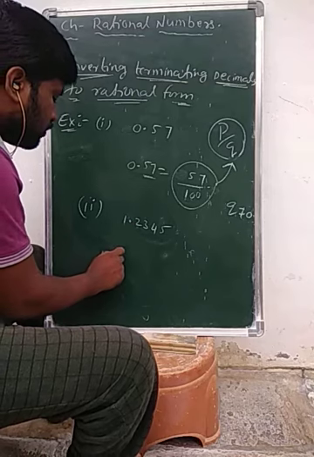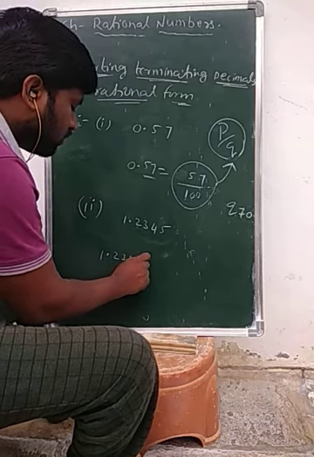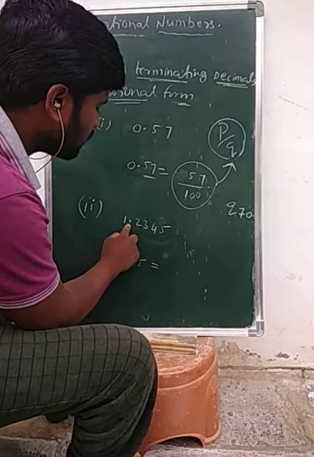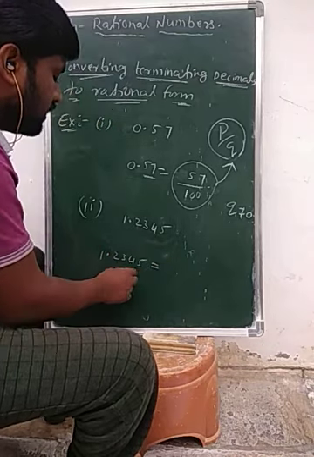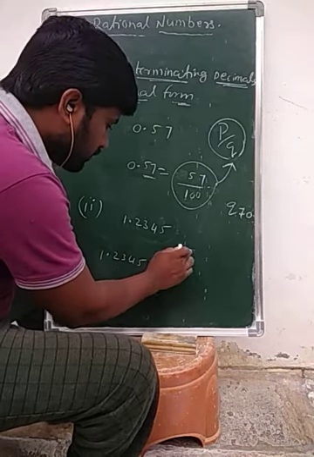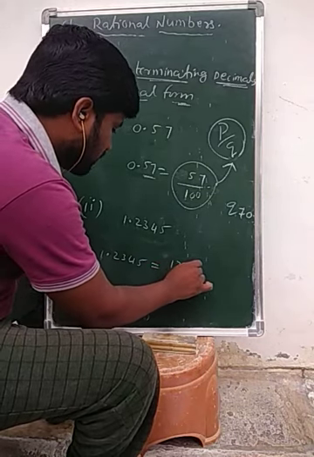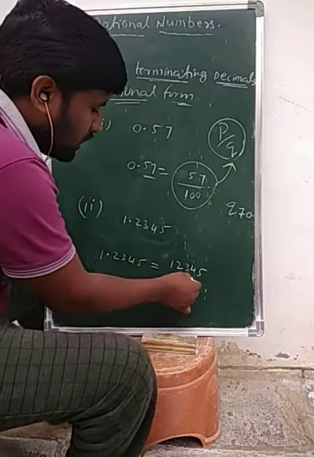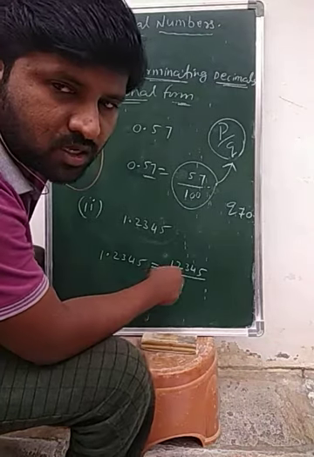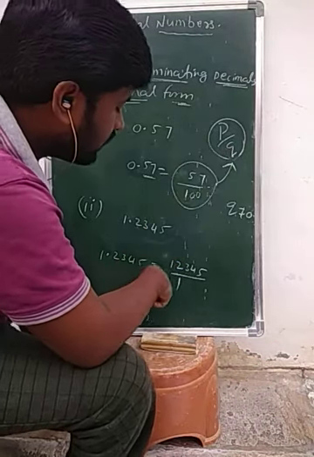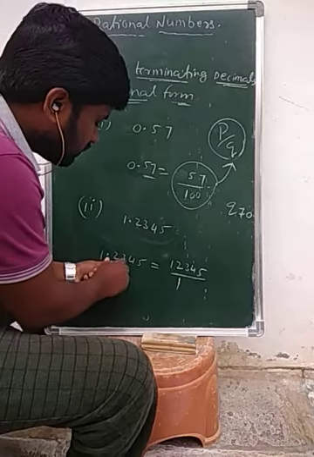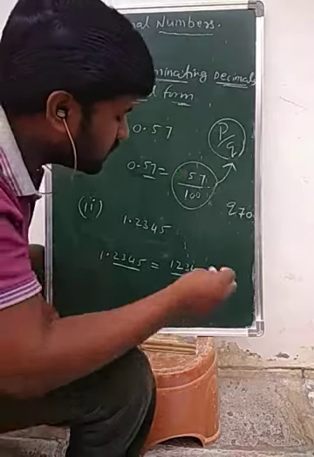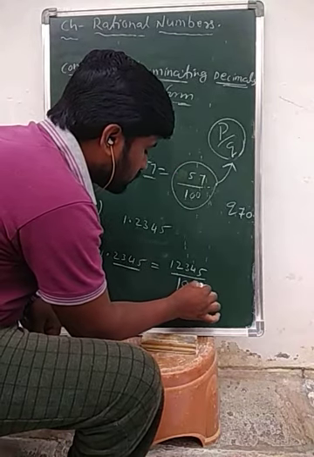As usual, write 1.2345. After the point you just write the digits. Without the point you write the number 1, 2, 3, 4, 5, which is 12,345. You write the denominator as 1. Now after the point, how many digits are there? 1, 2, 3, 4. 4 digits are there. That's why you write 4 zeros.